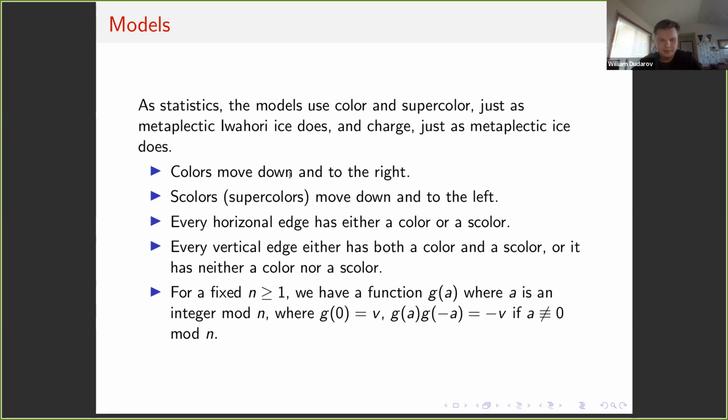We fix an n, a positive integer greater than or equal to 1. We have a function g of a, where a is an integer mod n, and we have these restrictions on it. g of 0 equals v, and g of a times g of minus a, these are mod n of course, equals negative v if a is not equivalent to 0.